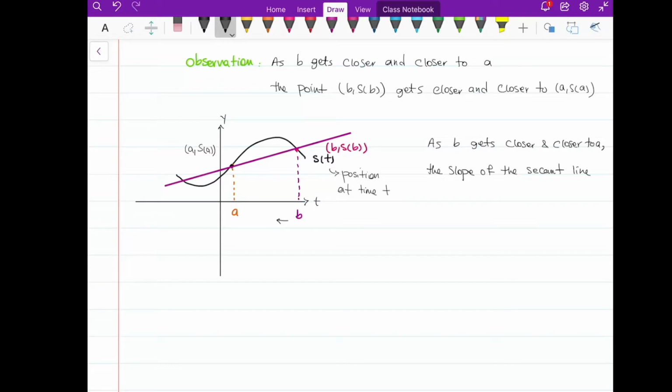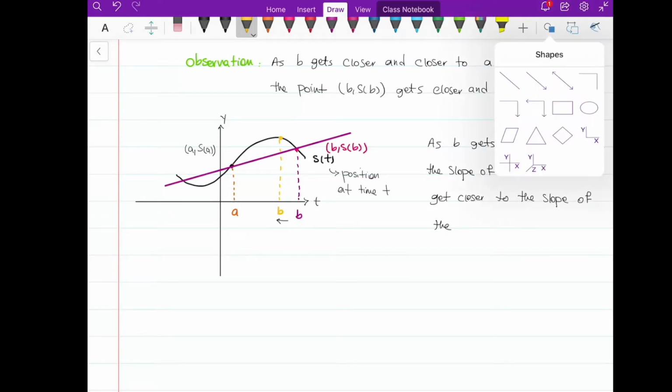The slope of the secant line gets closer to the slope of the, let's see, so let's get b to be this point that is closer to a.